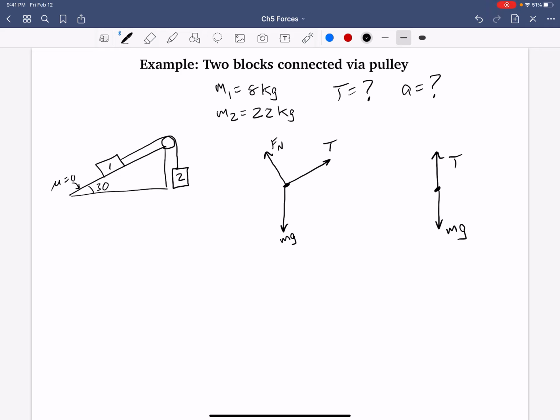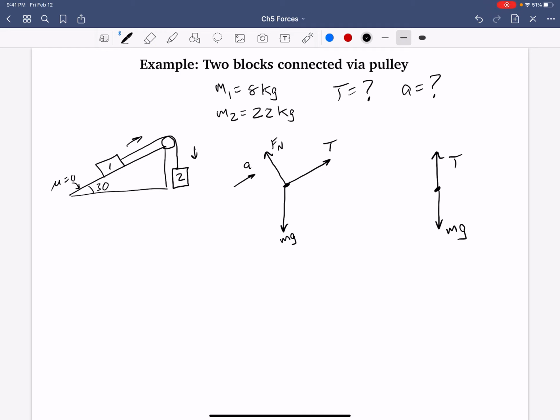So now that we have forces, we need our coordinate axis, x and y. If these blocks were to be released, mass 2 is much more massive, so they would go something like this. They would go up and down. So for block 1, the acceleration would go like that.